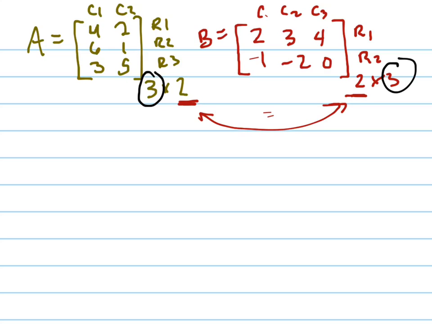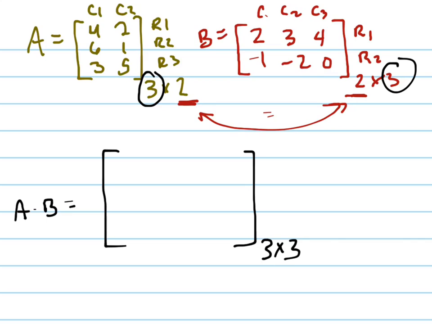What I like to do is write out my A times B matrix with the dimensions so that I know what I'm looking for. It's a 3-by-3 matrix, and here's the trick with it. Let's call the entries C. This is C11, row 1, column 1.